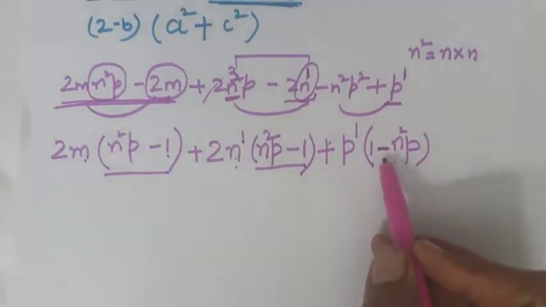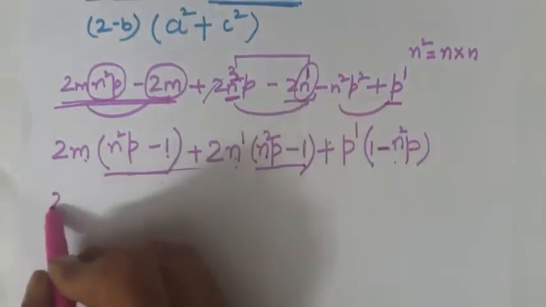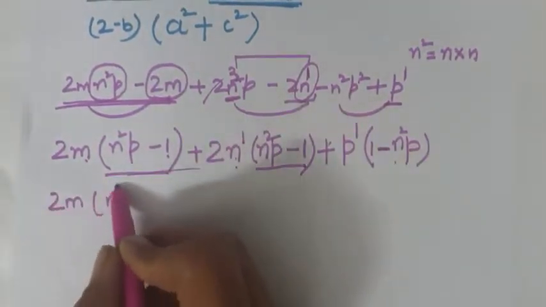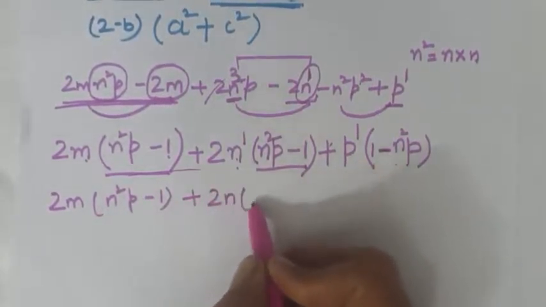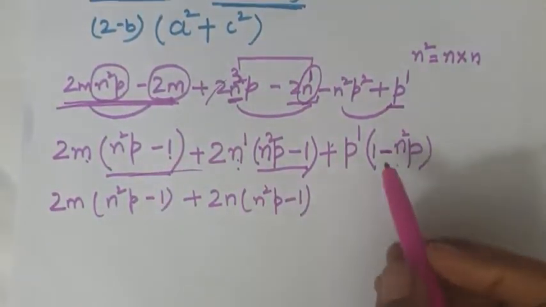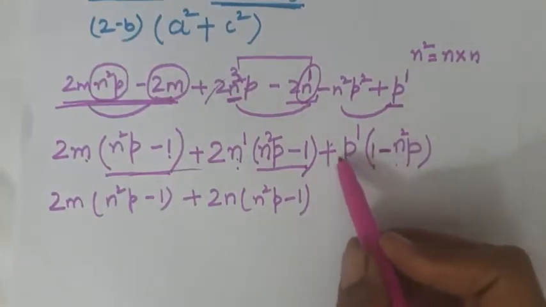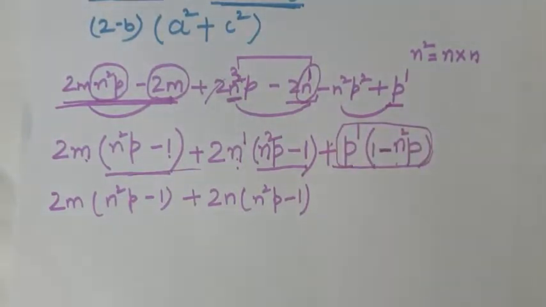So what we will do to make all the brackets same, there is one way. See very carefully. Let us write all this as such first. n square p minus 1. Now what we will do? We will multiply the whole term with negative sign. Or you can also say that take negative sign common.